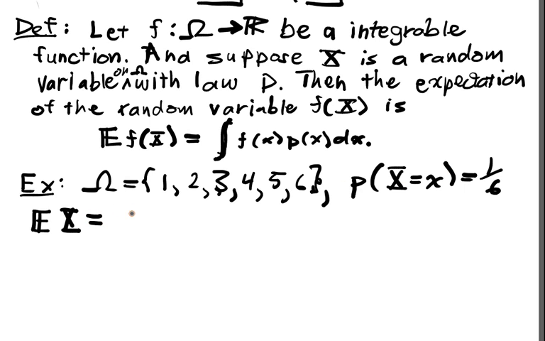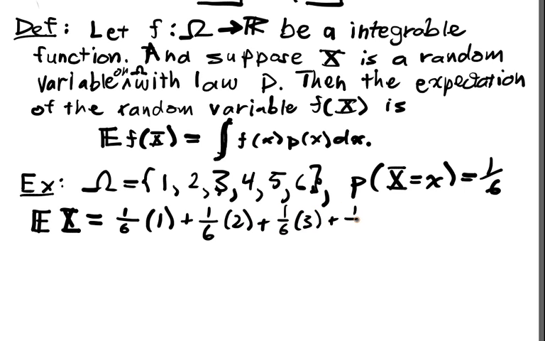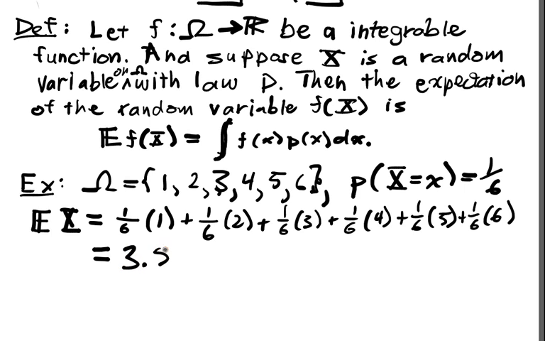Well, it's just the sum of the probabilities times the value of x: 1/6 times 1, plus 1/6 times 2, plus 1/6 times 3, plus 1/6 times 4, plus 1/6 times 5, plus 1/6 times 6. Ultimately, that will give you 3.5.